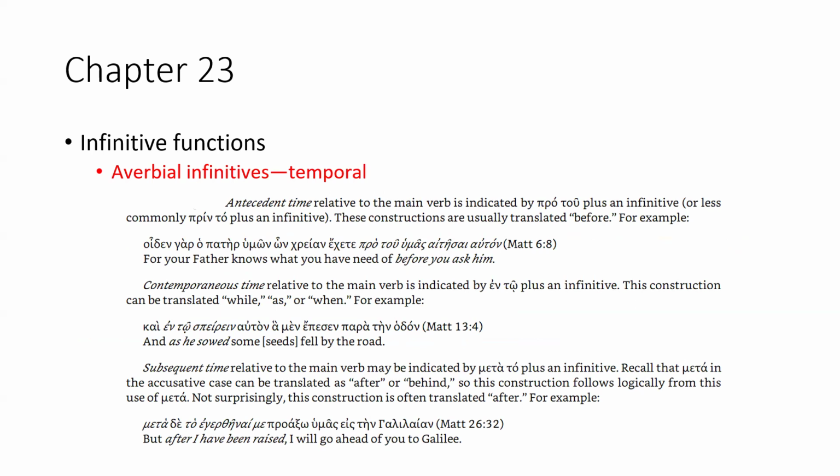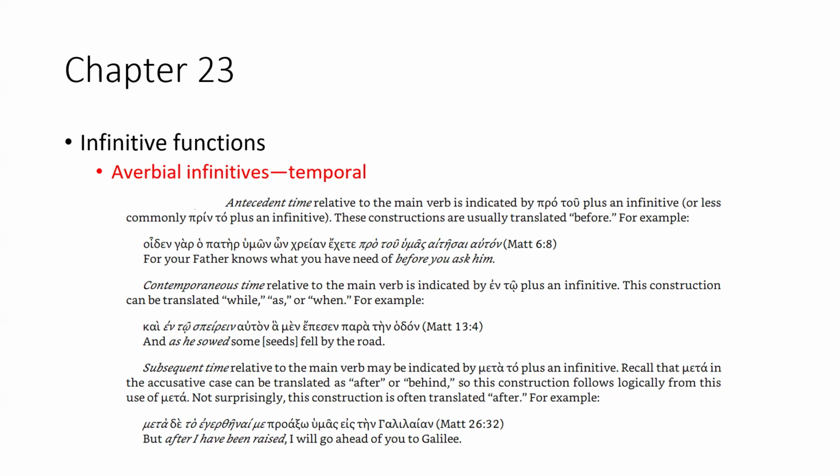Adverbial infinitives temporal. So antecedent time relative to the main verb is indicated by pro tou plus an infinitive, or less commonly prin plus an infinitive. These constructions are usually translated before. Oiden gar ho pater humon hon chreian echete pro tou humas aitesai auton, for your father knows what you have need of before you ask him.